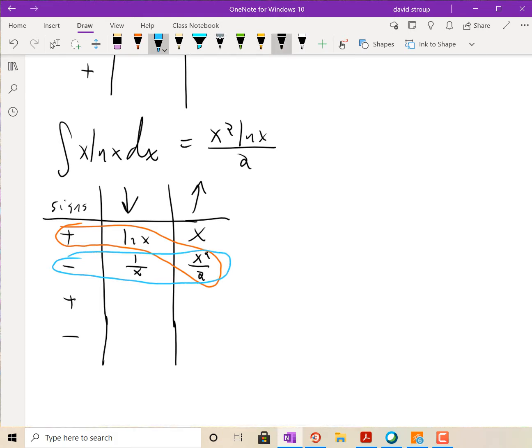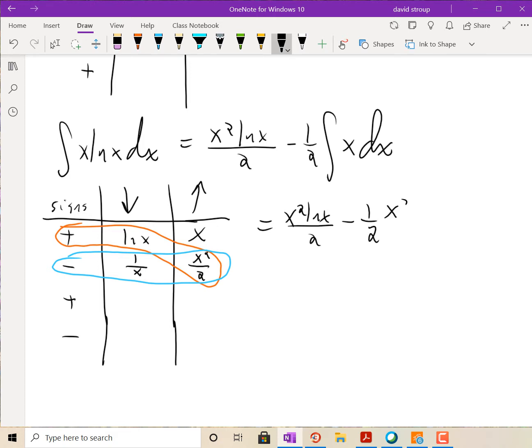So my next term is going to be the integral of that. So I have a minus, so it'll be minus. There's a 1/2 constant I can pull out, and then the integral of x squared over x is just x dx. And then I'm done. X squared ln x over 2 minus 1/2 x squared over 2 plus c. That'll be x squared ln x over 2 minus x squared over 4 plus c.